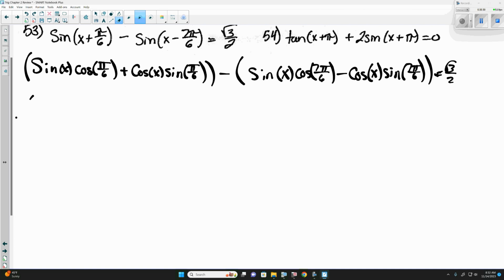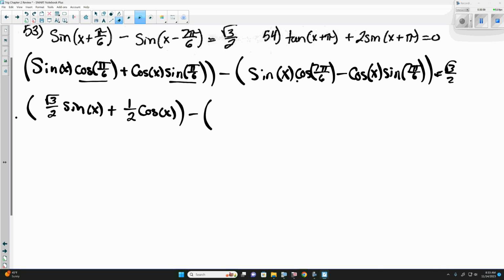Now, before we start fully simplifying, sine and cosine of pi over 6 are on the unit circle. Cosine is square root 3 over 2. So it's square root 3 over 2 sine of x. And sine is 1/2. Yes. So we get these here. I rewrote them so that the value's in front. Minus. Now cosine of 7 pi over 6, is that negative square root 3 over 2? No, that's square root 3 over 2.